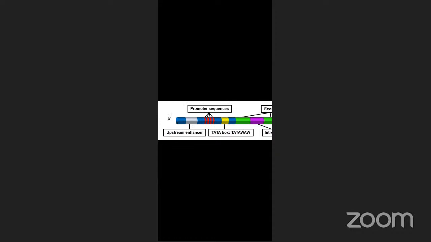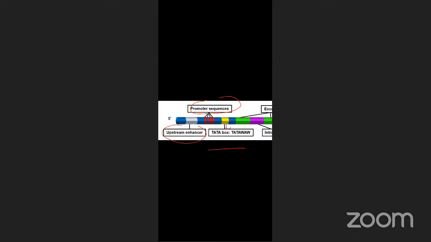So these red lines, the red stripes, are the promoter sequences, the promoter region. Left side is upstream and right side is downstream.